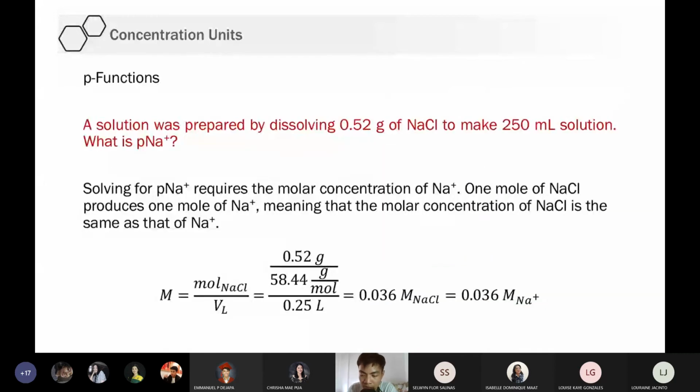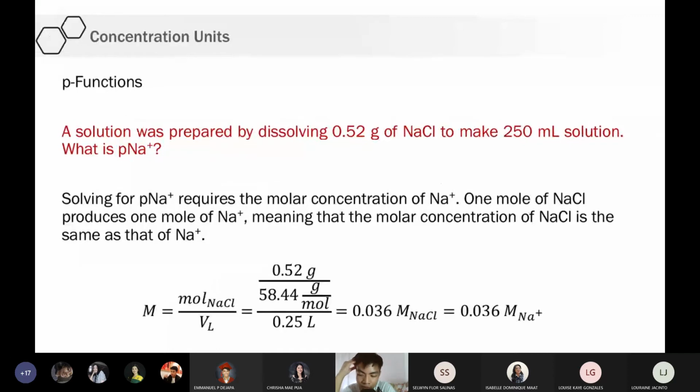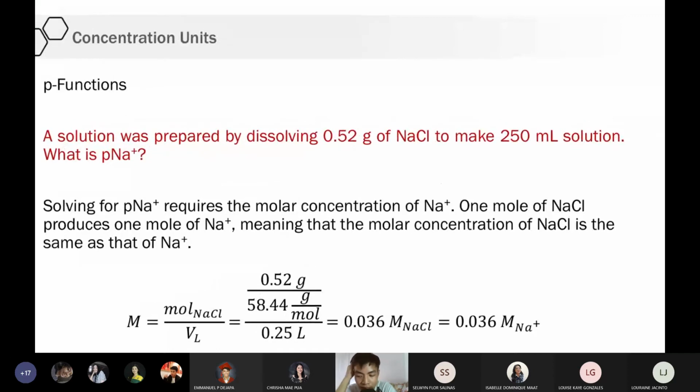Now, let's proceed. Let's have this one. A solution was prepared by dissolving 0.52 grams of NaCl to make 250 ml solution. What is pNa+? So, ano daw yung pNa? Okay? Ano gagawin natin dyan? Ano ba kailangan para ma-solve yung pNa?